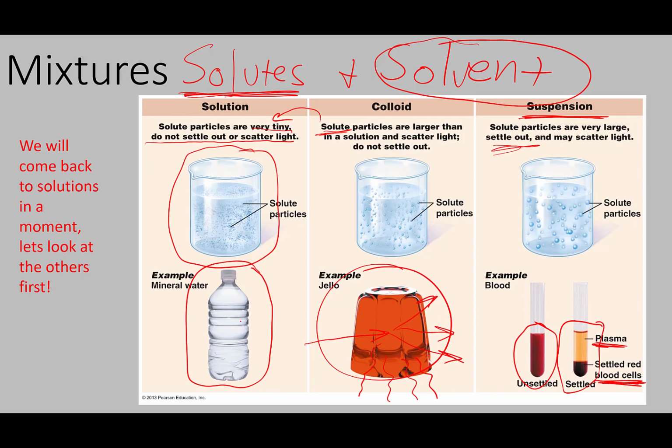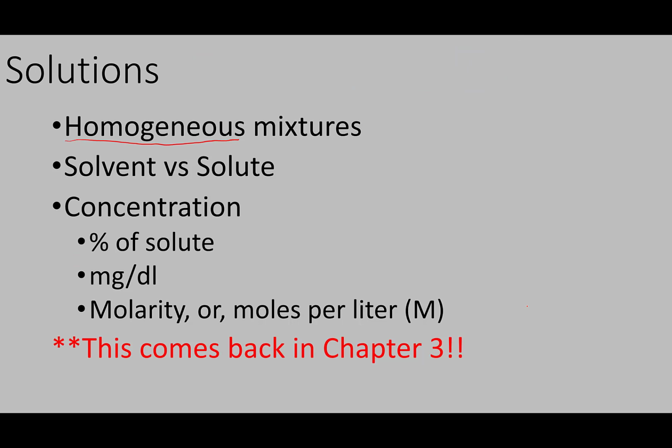There are not going to be bits and pieces. Like if we looked at blood under a microscope, we would see clear spots where the plasma is. We would see red spots where the red blood cells are. We would see whitish purple spots where the white blood cells are. But in a solution, it's a homogeneous mixture.